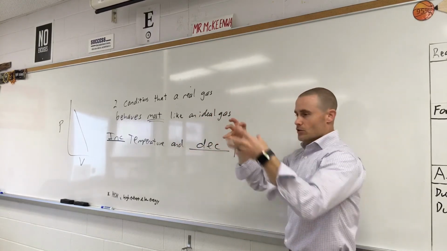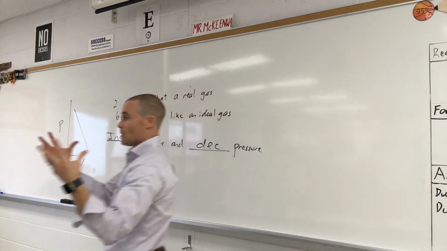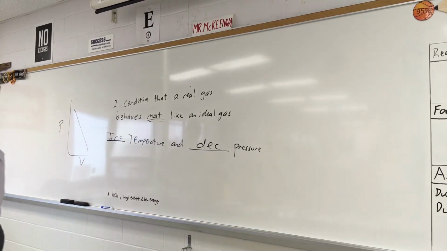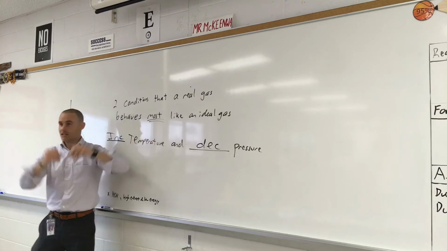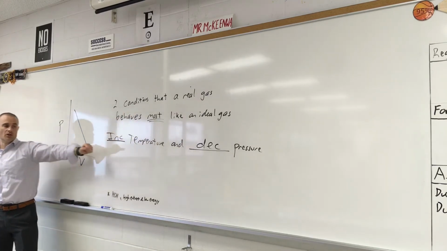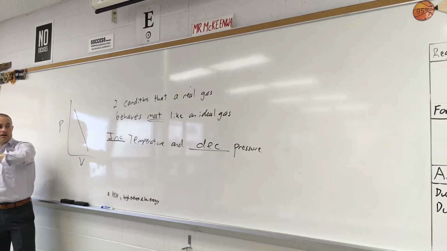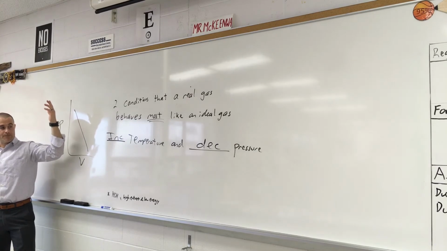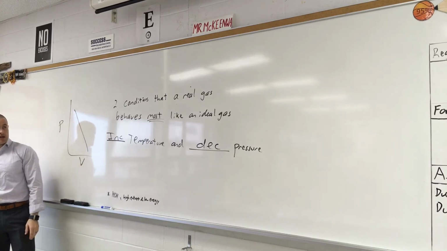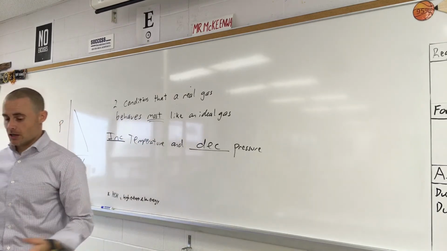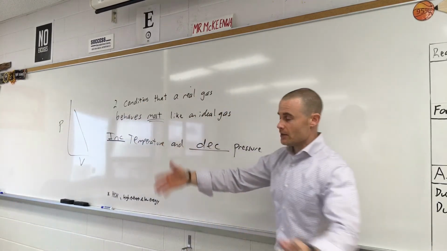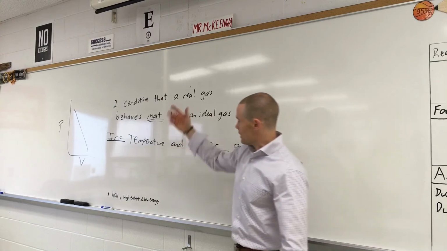If you are squeezing a gas, think of a sponge held really tight. When you release the pressure, it expands. Same thing with the gas. Those are the two conditions that allow any gas in real life to expand. It's almost on the Regents every year. Do I want you to get the question right? Of course, but I want you to understand the concept too.